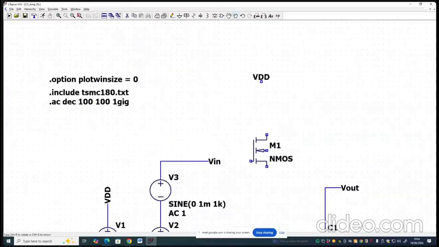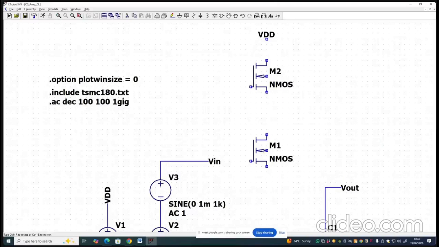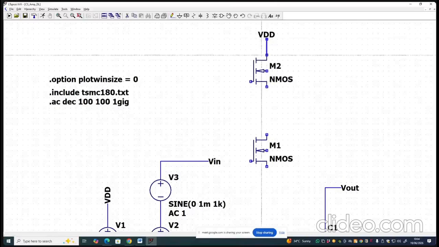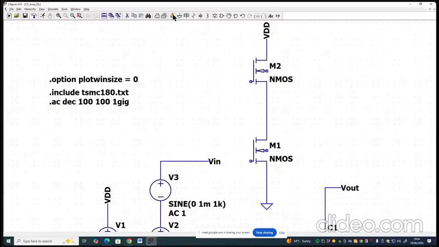So I will create a space here. I can copy this NMOS, place it right here like this, and then I can do the connections. Place this.